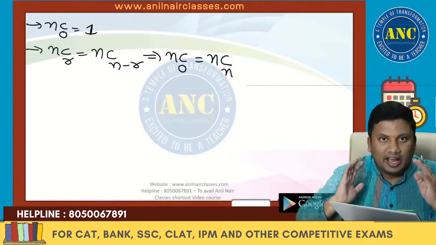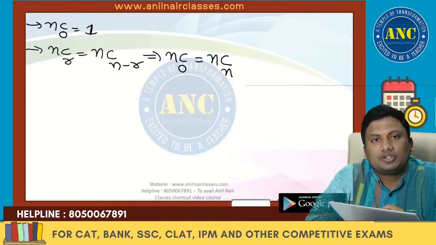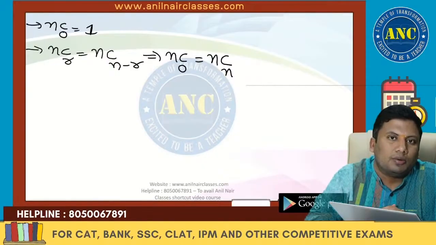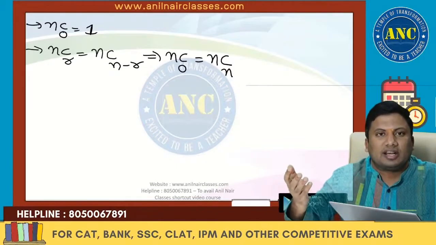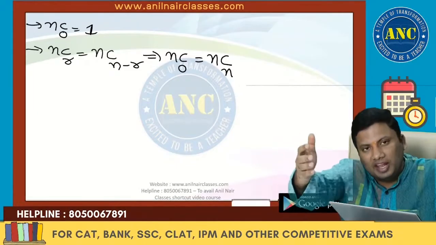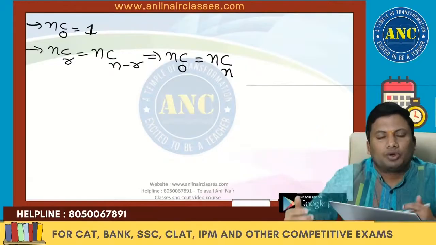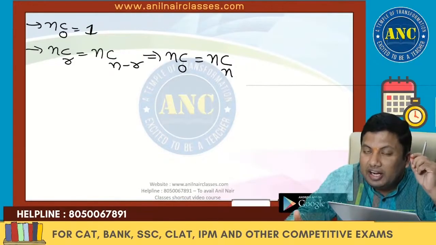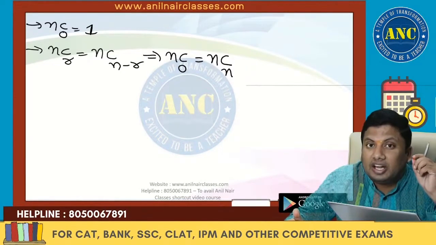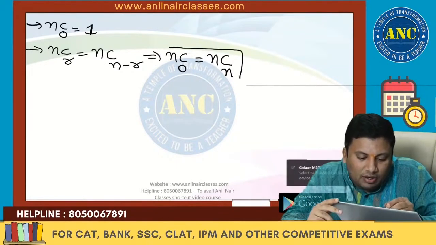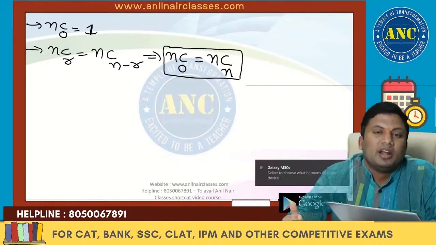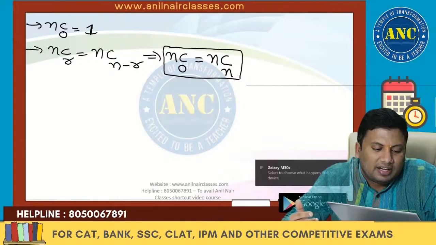That means I entered the class. How many students got greater than 0 marks? Everybody got a positive integer, so all of them got selected. I went and told everybody, please come out of the class. Selecting n out of n or selecting none out of n, both are the same. So nC0 is equivalent to nCn.